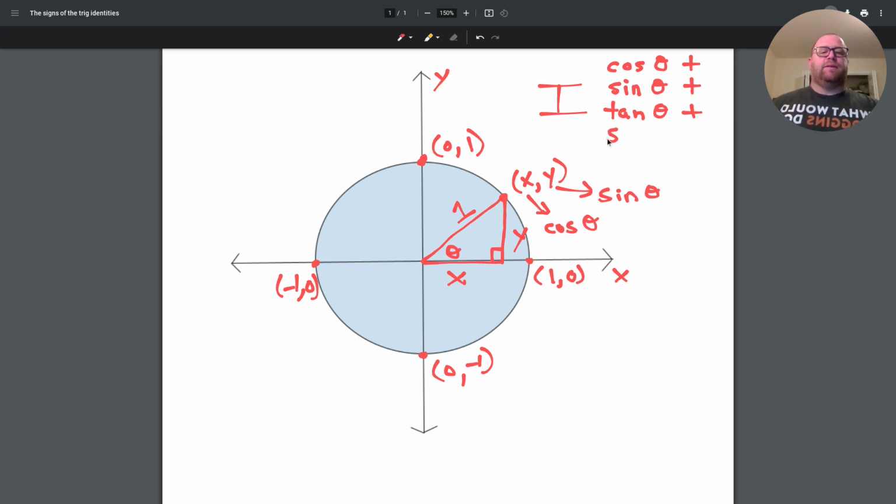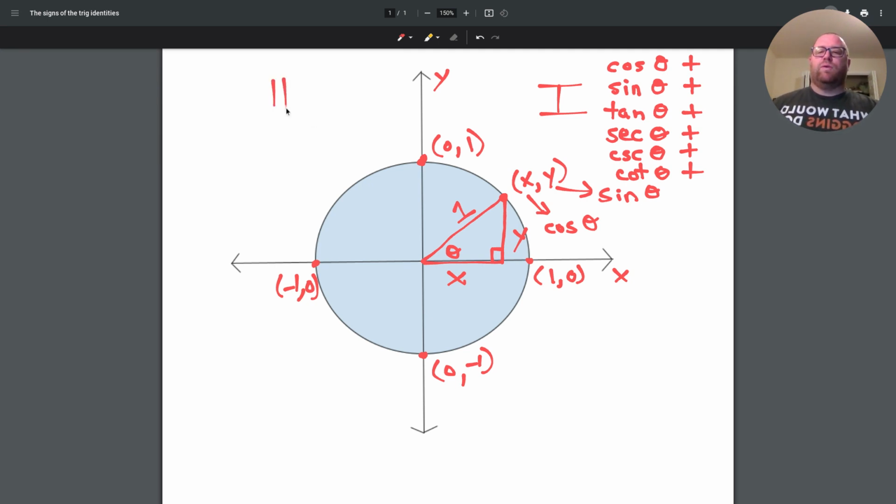The secant of theta is 1 over the cosine, so that's positive. The cosecant of theta is 1 over the sine, so that's positive. And the cotangent of theta is 1 over the tangent, so that's positive as well. So all 6 trig identities are positive in quadrant 1.